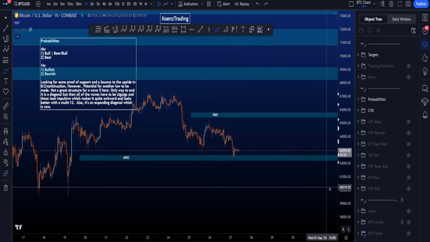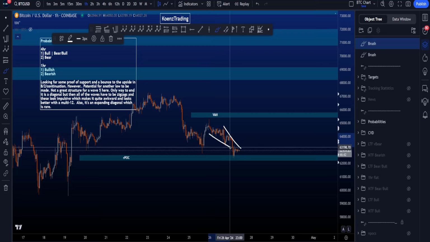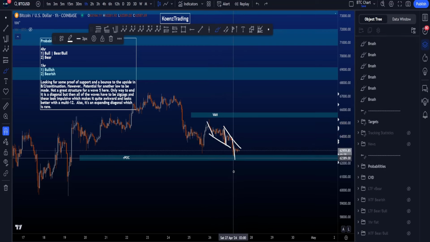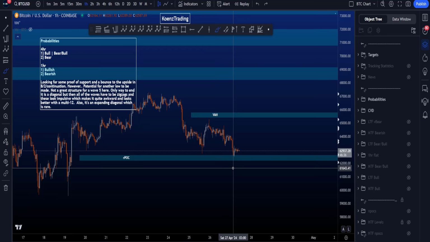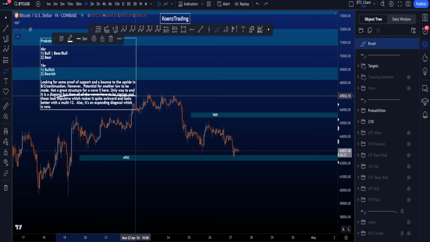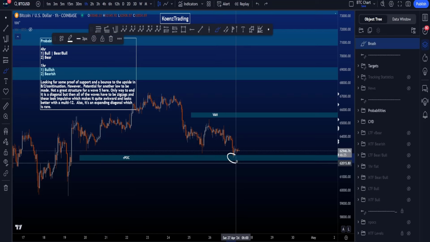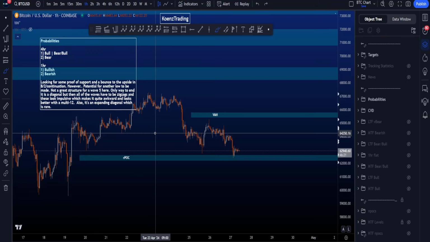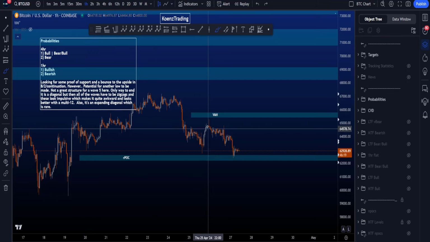So that is not ideal, and besides, if we do count a diagonal here, wave 3 is longer than wave 1, wave 5 is longer than wave 3, so it is an expanding diagonal, and expanding diagonals generally are rare. So it's not a great structure for wave 5, and the only way to end is a potential diagonal, where all of the waves are zigzags if you want this to be the low over here, but it looks quite impulsive, making it quite awkward, right? And it looks a bit better with potentially a multi 1-2 even for further downside. So expanding diagonal, not too great.